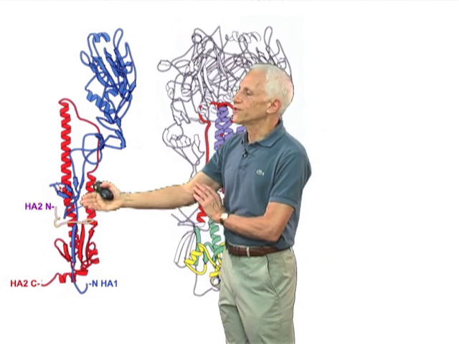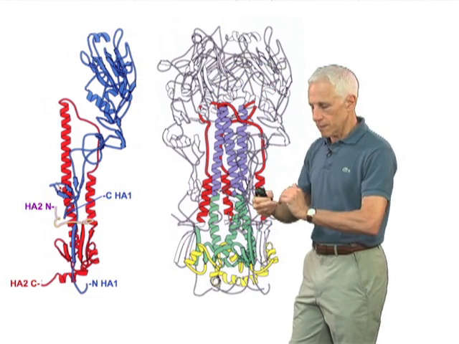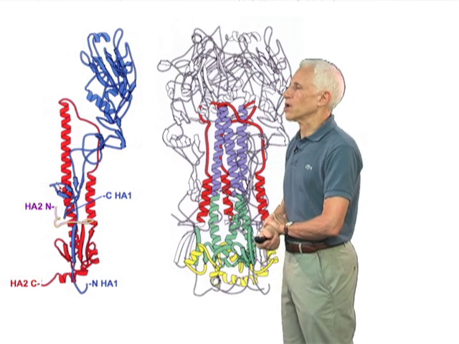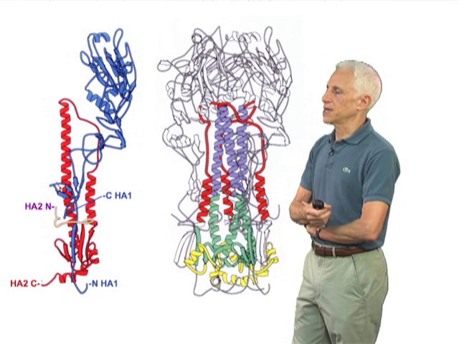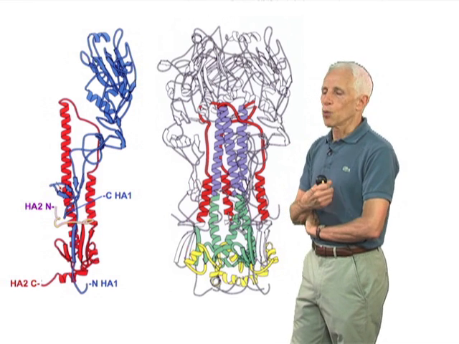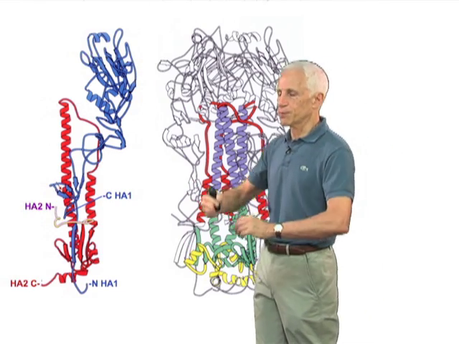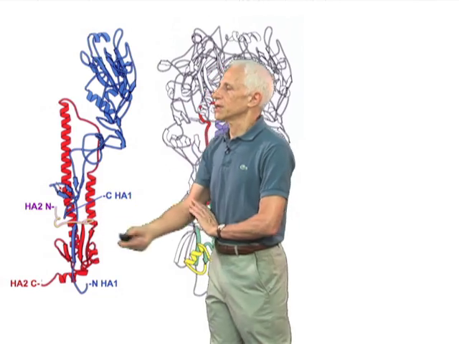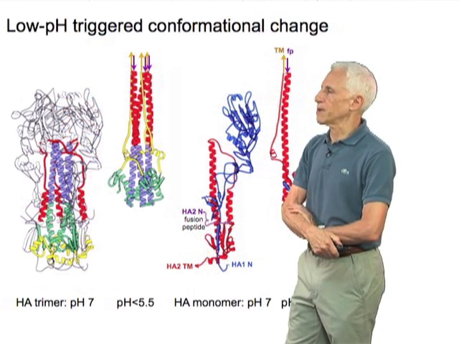And so the fusion peptide is hidden and can't interact with hydrophobic targets in the structure of the protein as we see it here. But as you'll see, once exposed to low pH, once protons bind, a major unfolding occurs that allows this fusion peptide to emerge and interact with a target membrane.